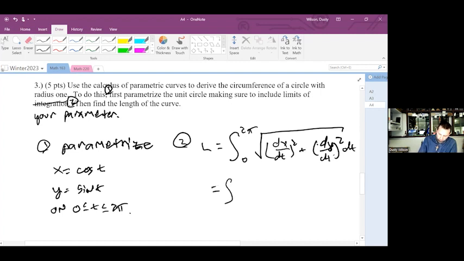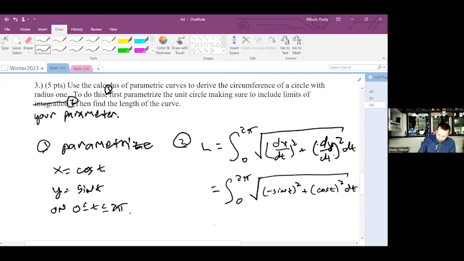So this would be the integral from 0 to 2 pi of the root of dx dt, which is negative sine, so I have minus sine squared plus the derivative of sine, which is cosine of t, squared dt.